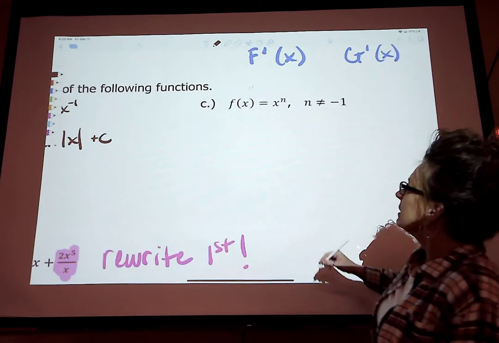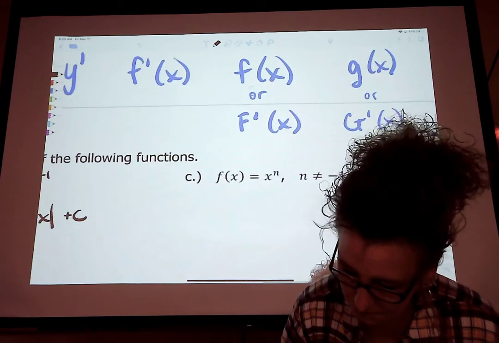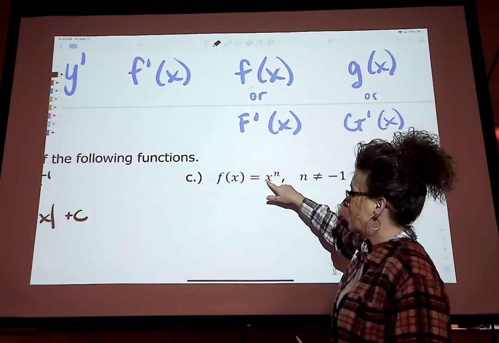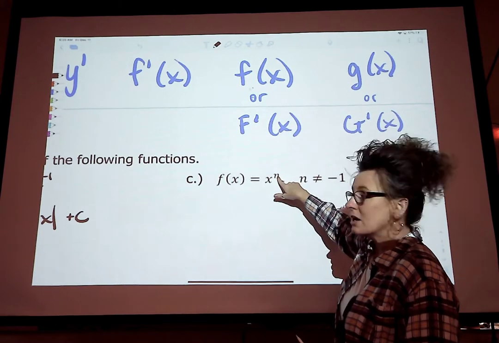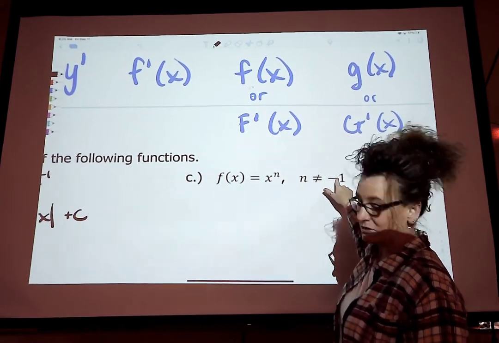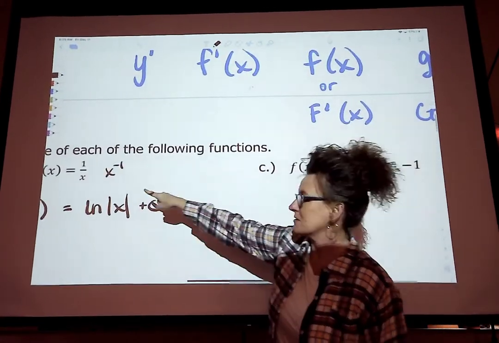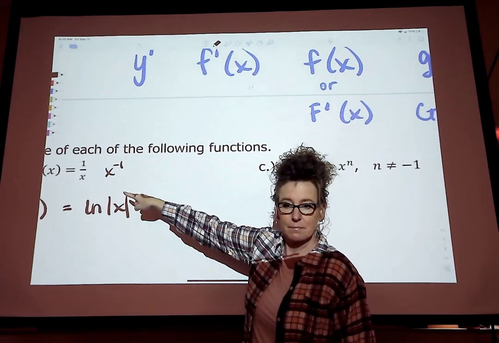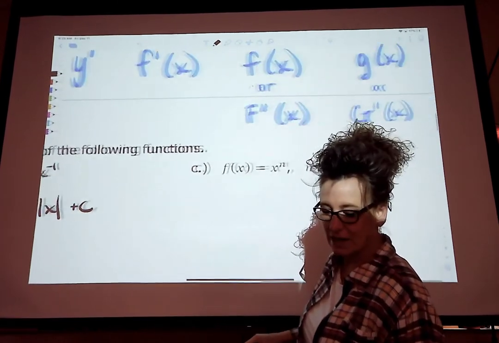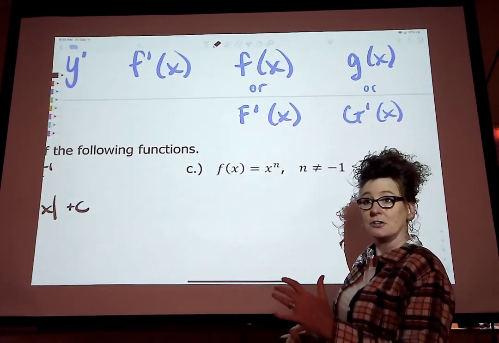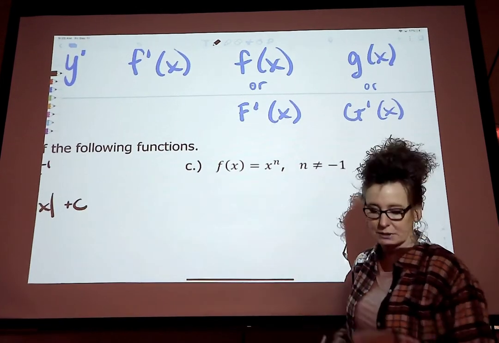And this one, x is my variable, n is some constant, but not negative 1. So it's not this type of problem. It's any exponent besides negative 1. So I'm going to unpower rule it.